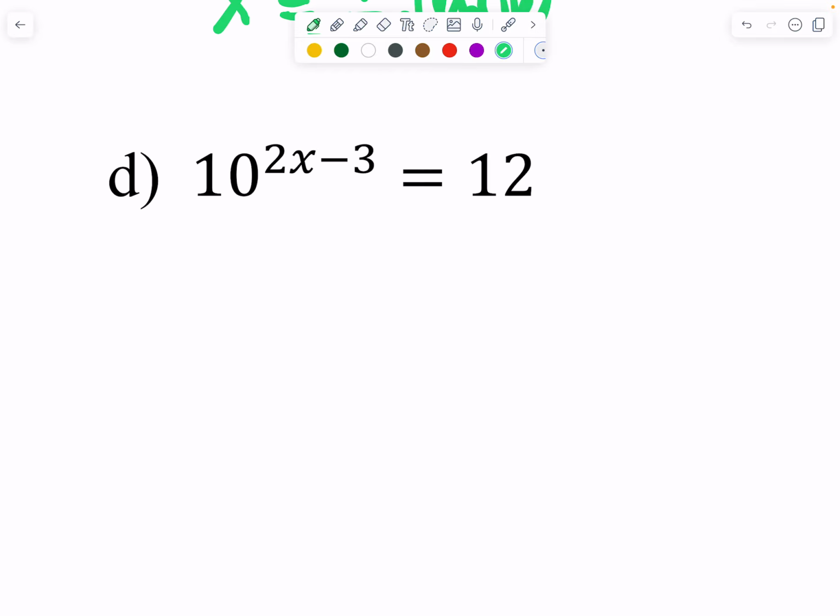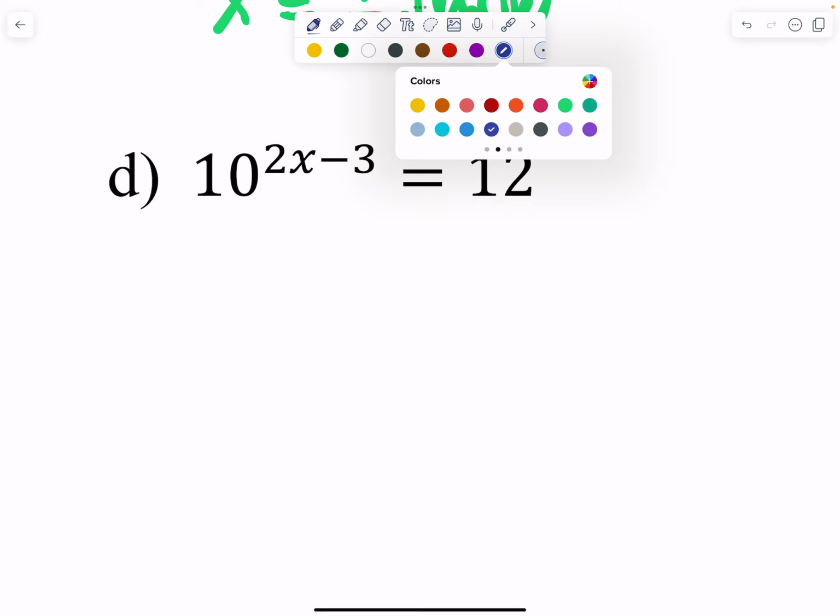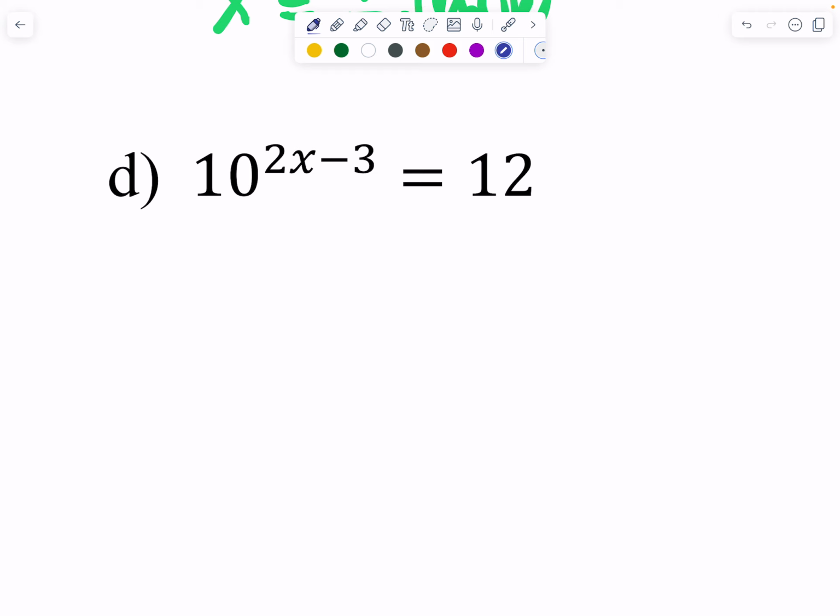Again, if you would like to pause and try this one on your own before you check your answer. So you can either think about taking the log base 10 of each side of the equation, or I'm going to just rewrite this as 2x minus 3 equals the log of 12.